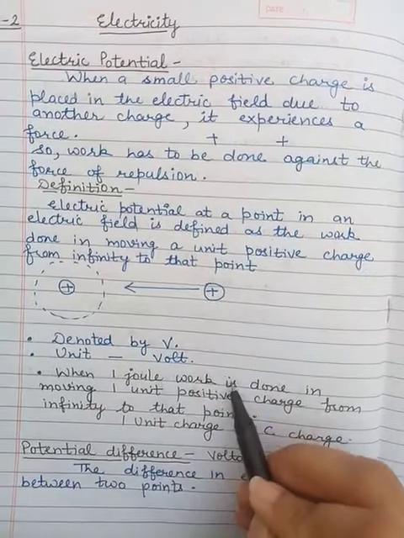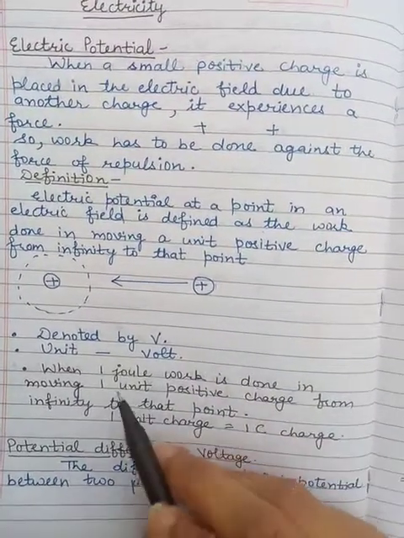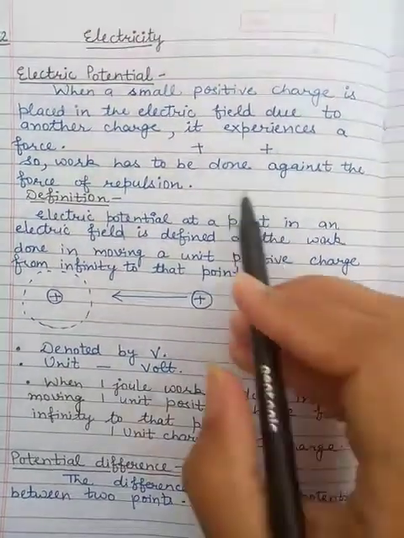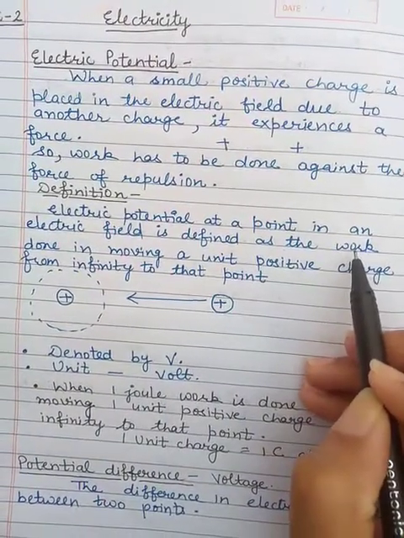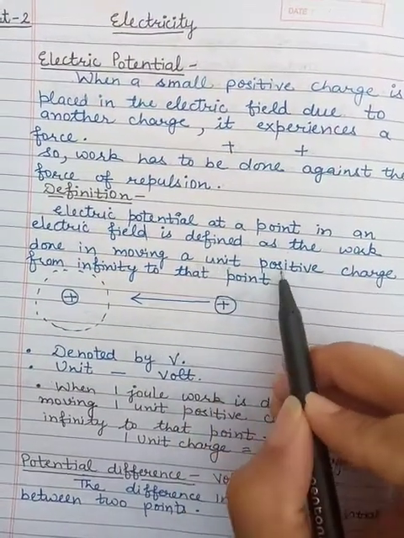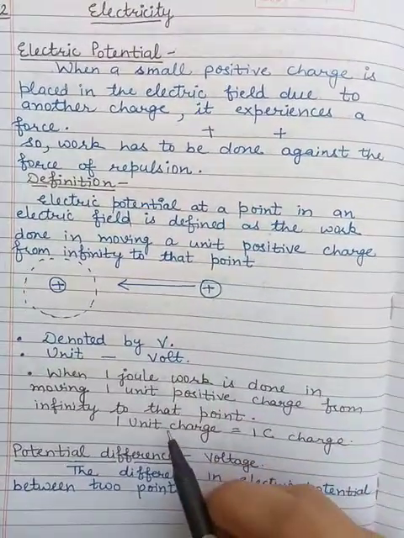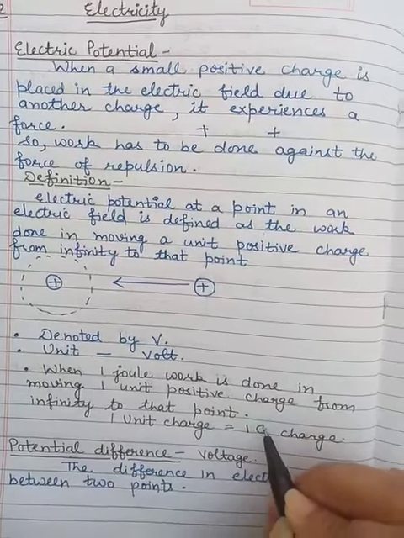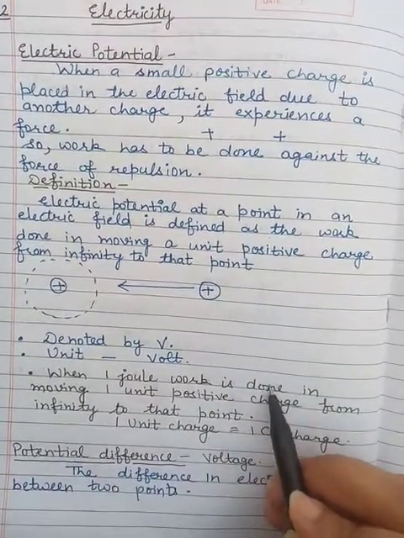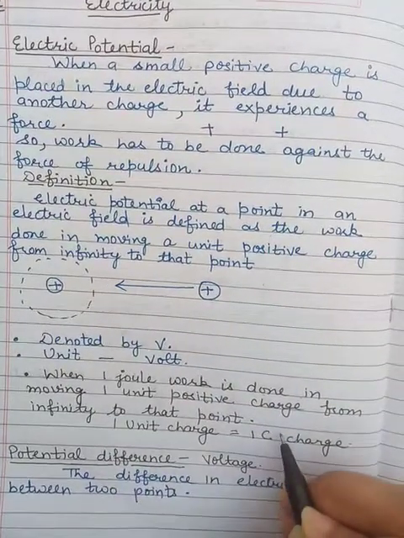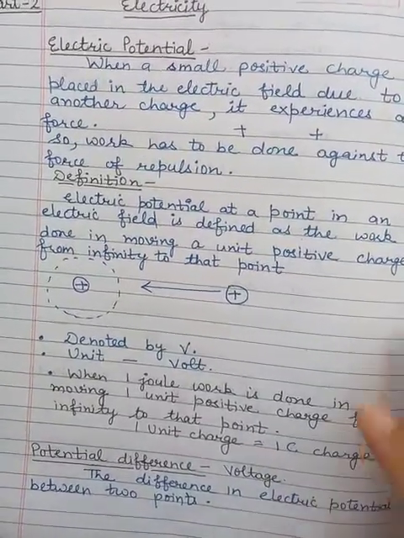When 1 joule of work is done in moving a unit positive charge from infinity to that point, the work done is 1 joule, and the unit positive charge means 1 coulomb of charge. So when 1 joule of work is done in moving 1 coulomb of charge from infinity to that point, it is called 1 volt.